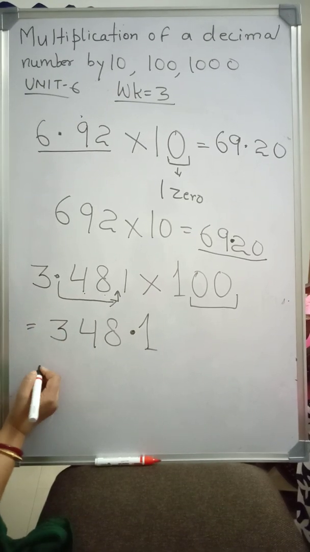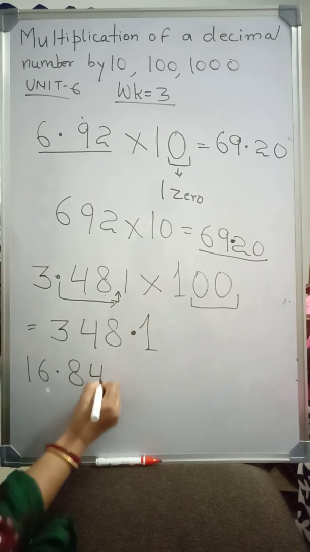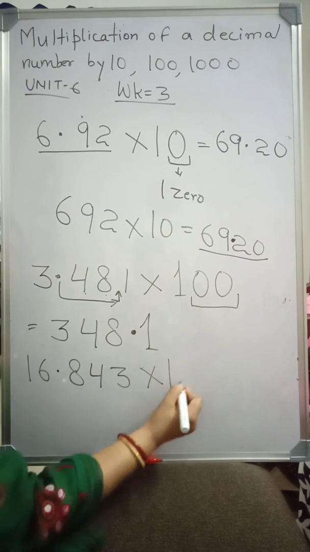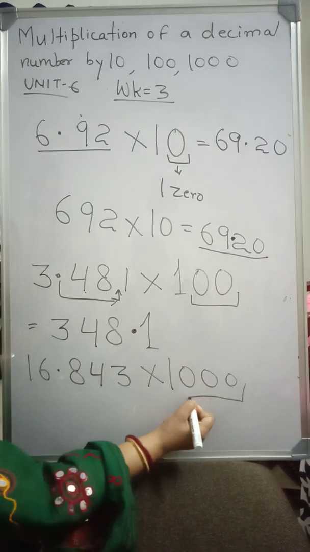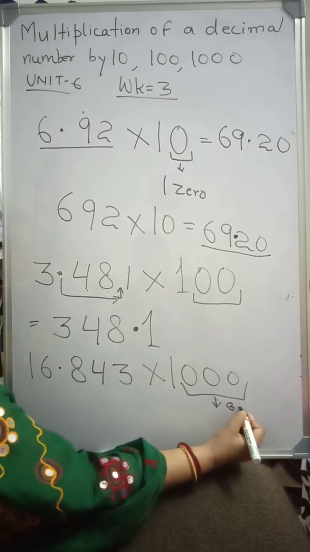Now let us take another example. 16.843 multiplied by 1000. So here you see that this multiplier is having how many zeros? 3 zeros.